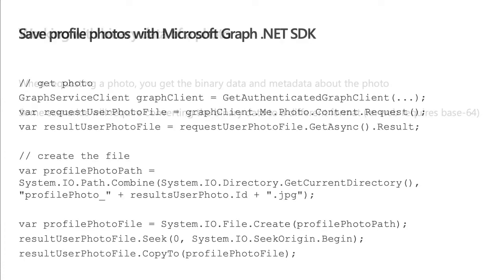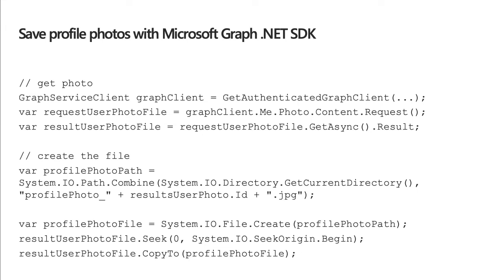Now, the following code that you see here is going to use the .NET SDK for Microsoft Graph to request a profile photo from the current signed-in user and save it to the disk as a JPEG file. So you see here we're getting the photo by going to me.photo.content, and that's how we're getting the actual data value and the binary content of the photo.